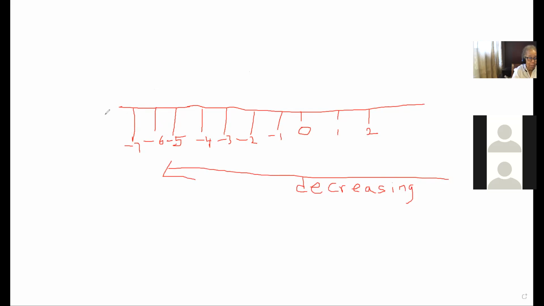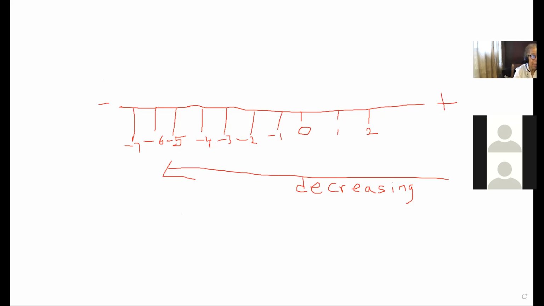As you go from left to right, you're increasing because you're going from negative to 0 to positive. Everything is positive at the right of the 0 and everything is negative at the left of the 0. So always picture that number line, and that will really help you on your inequalities.